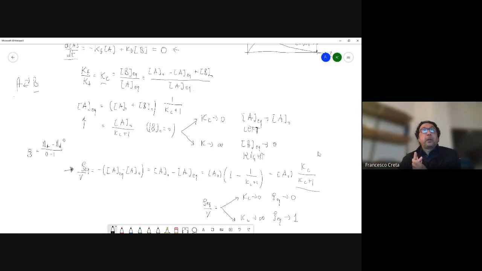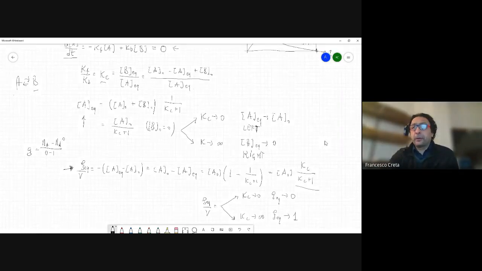Now, obviously, reversible reactions are all over the place, not just in combustion, clearly. But I would like to now talk about the second kind of chemical mechanism, which is the consecutive reaction mechanism.